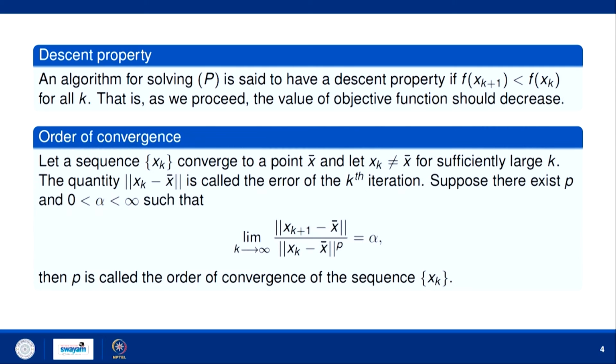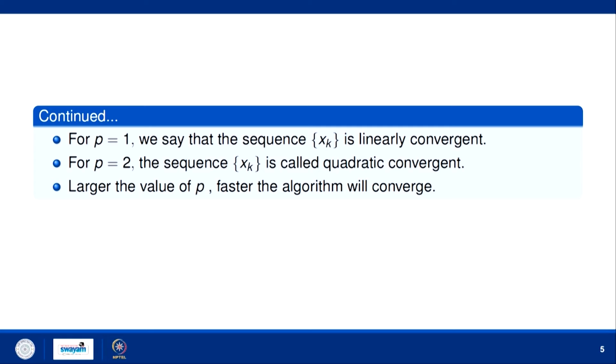If p equals 2, then we say the sequence is quadratically convergent, or convergent of order 2. Of course, what does a larger value of p indicate? If you have p equal to 3 or 3.5 for some algorithms, that means the algorithm is faster. The larger value of p indicates the faster the algorithm will converge.